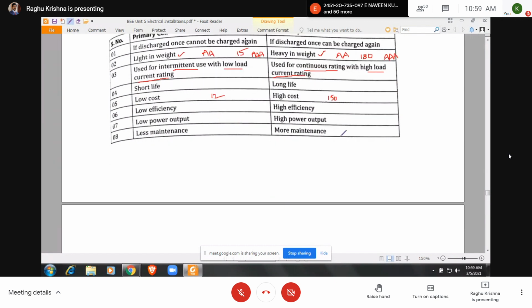Next, low efficiency versus high efficiency, low power output versus high power output. The voltage is the same, but the current will be high. With high load current rating, as current is high, power will be high.